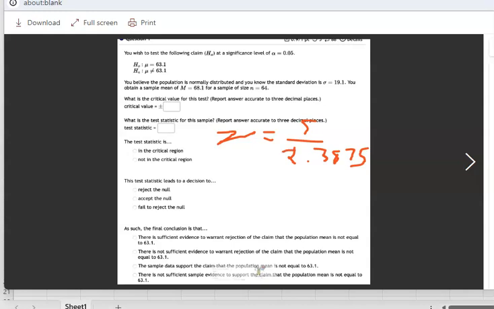Alright, and let's put that into our calculator. I'm going to stop the video while I work that out. So Z ends up being 2.094.